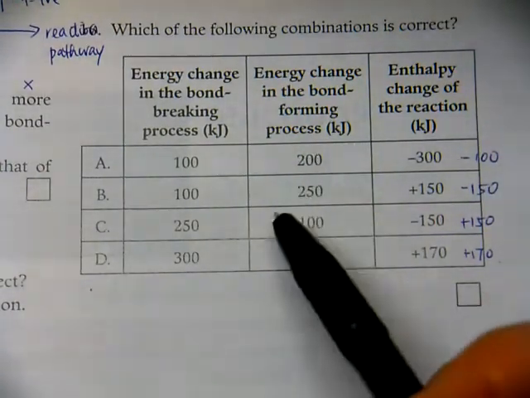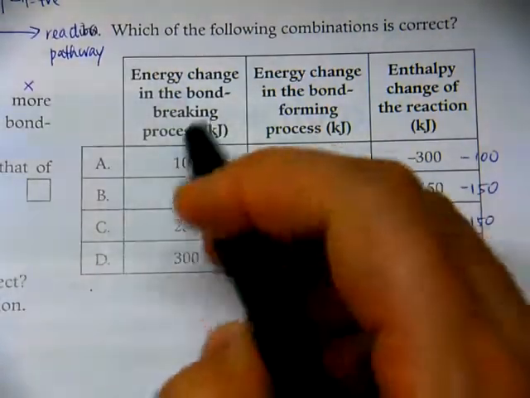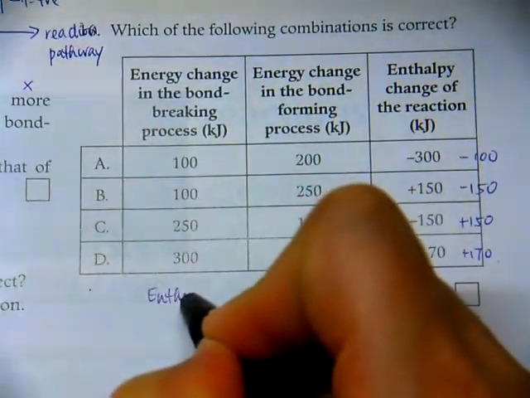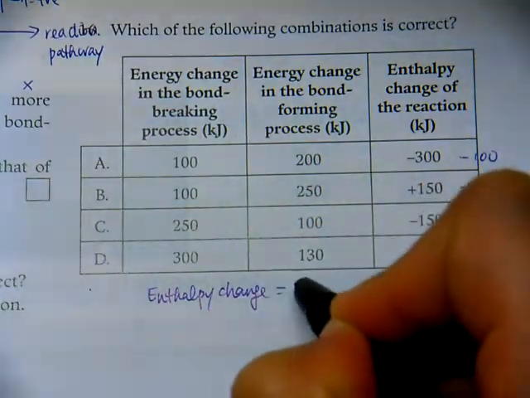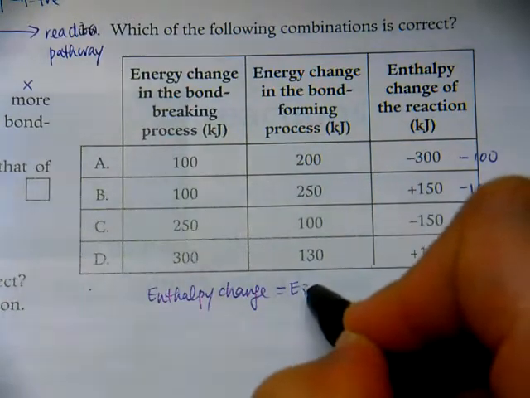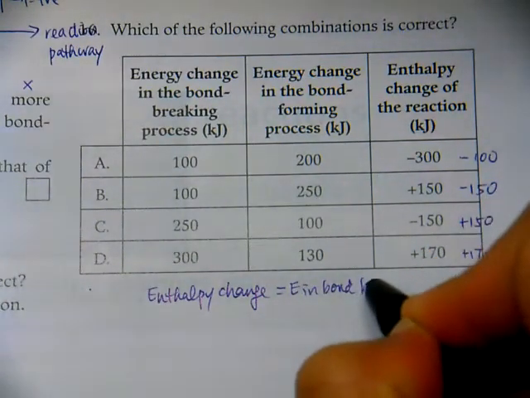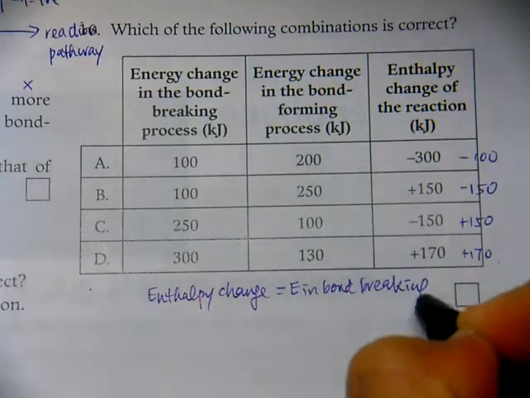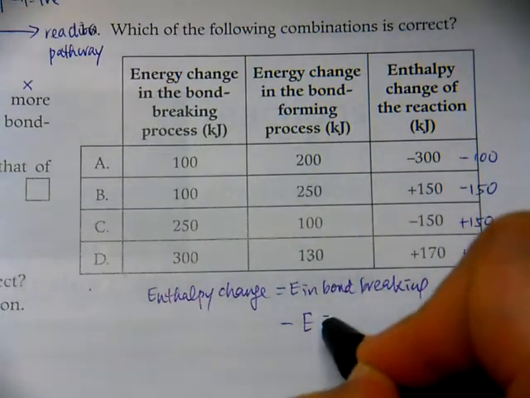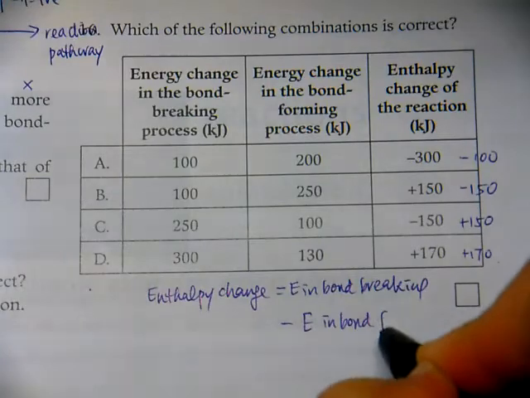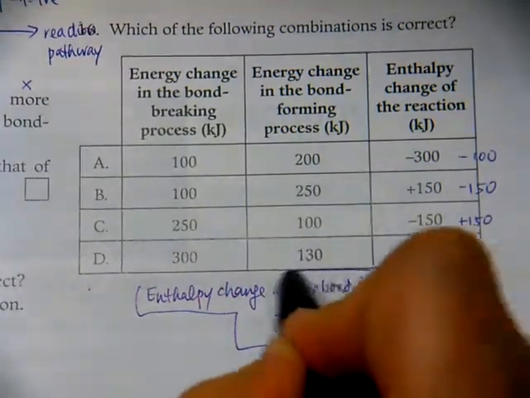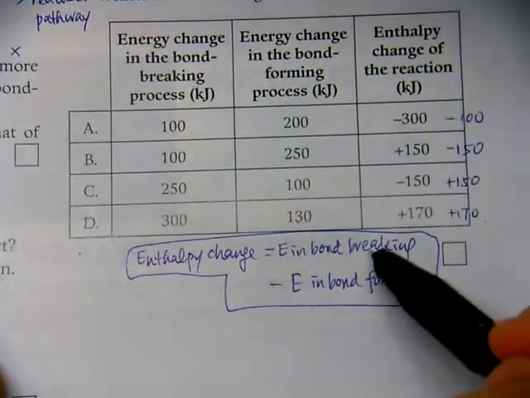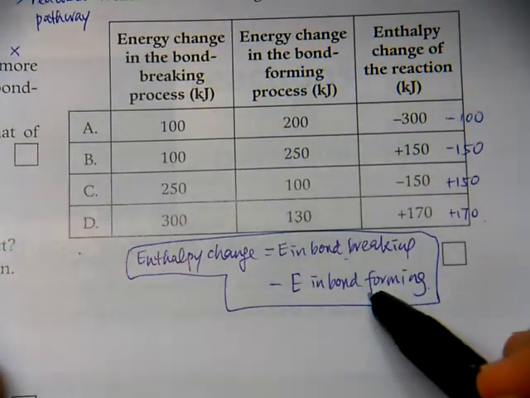Therefore, it is correct. Try to remember this equation. Enthalpy change is equal to the energy change in bond breaking minus energy change in bond forming. How to memorize? You may remember B first and then F next. Breaking minus forming.